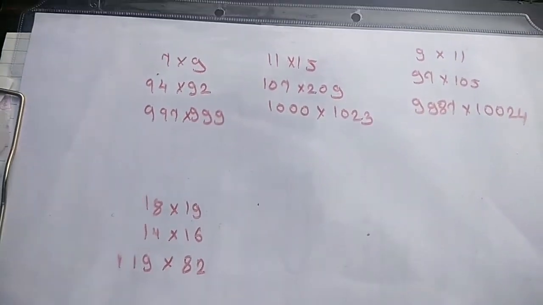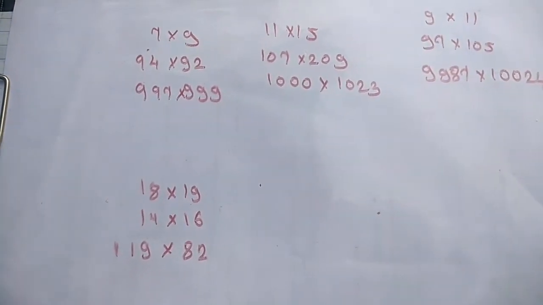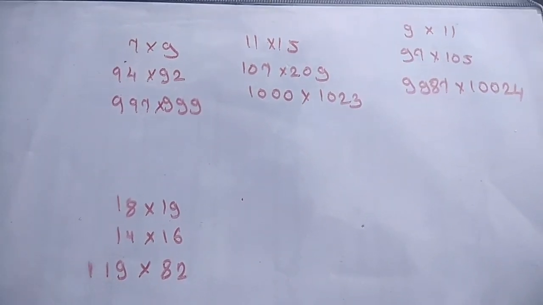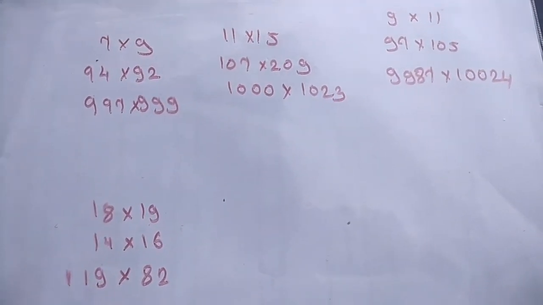If you try to solve these examples as homework, you will know how you can calculate very fast, where you go wrong or where you make mistakes, and you will learn from your mistakes. Now I have given a few examples right here. Please try to solve them as homework.